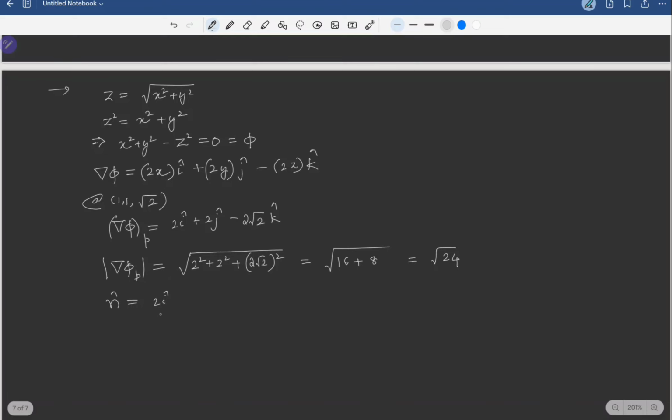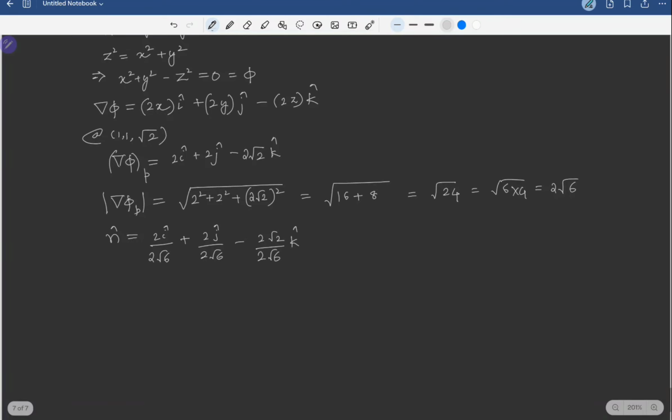So the unit normal vector is given by 2 i cap by root 24. We can write root 24 as root 6 into 4, so it becomes 2 root 6. So 2 i cap by 2 root 6 plus 2 j cap by 2 root 6 minus 2 root 2 divided by 2 root 6 k cap.